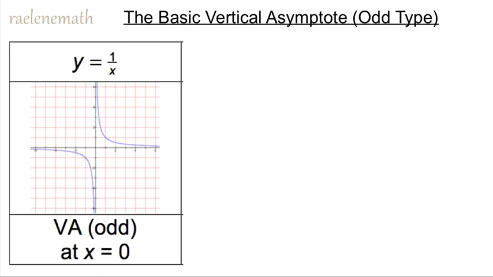The next two parent discontinuities we're going to look at are really the same type, a vertical asymptote, but there's going to be two different kinds, an odd type and an even type. In this function, if we evaluate the y-coordinate when x equals 0, which is not part of the domain, we get that y is equal to 1/0, which is a case of being non-zero over 0, which means that the y value is infinite.